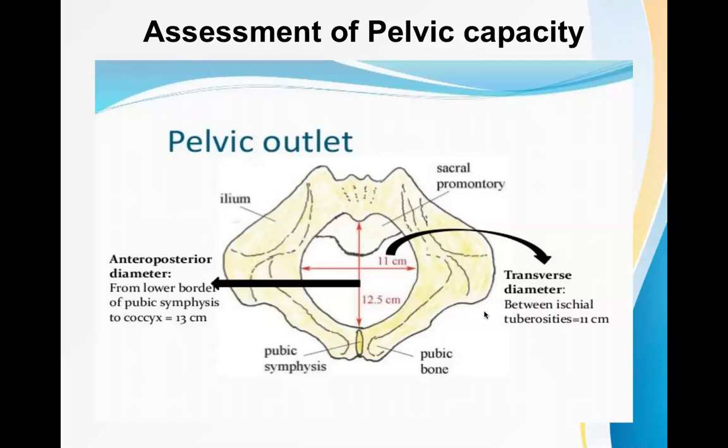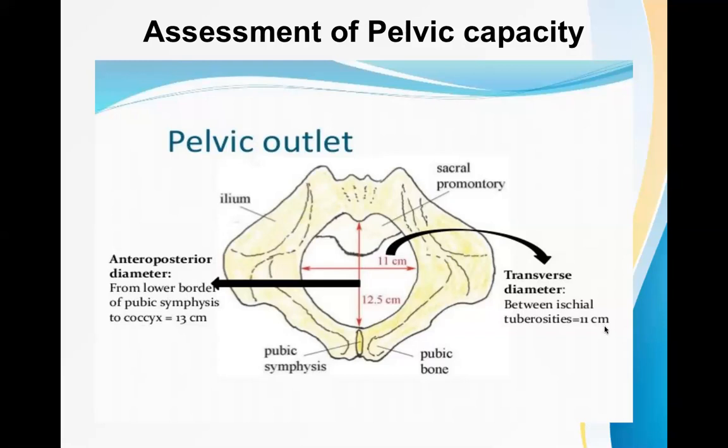The normal diagonal conjugate is around 12.5 centimeters. Regarding the interspinous diameter, which denotes the pelvic cavity diameter, it is 10 centimeter. And regarding the pelvic outlet, you can clearly see here the diameter between two ischial tuberosity is around 11 centimeter.